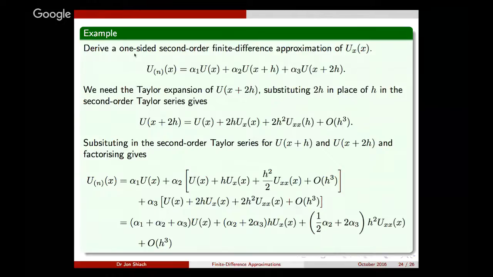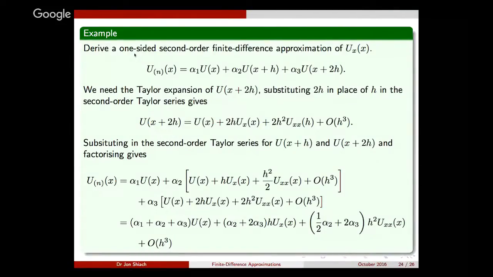Then we had h squared over 2. If we had h squared over 2, 2h all squared is 4h squared, 4h squared over 2 is just 2h squared. And that's where that comes from. Okay, so that's the Taylor series stepping twice in the forward direction.